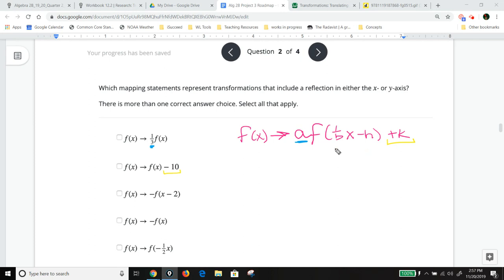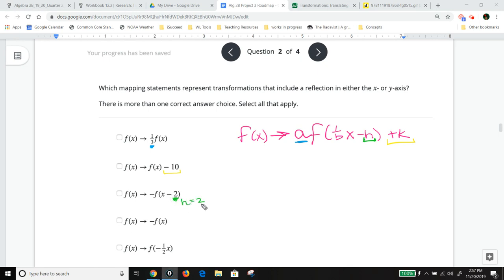So I'm going to try and color code all of these. This 2, now you'd maybe want to include that negative here, but if you see here, it's an x minus the h value. So here, that h value is just this 2. So that 2, I'm going to write that out just so that we don't forget it.